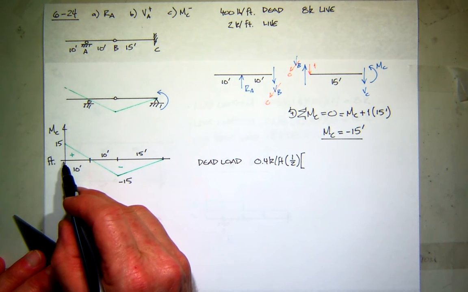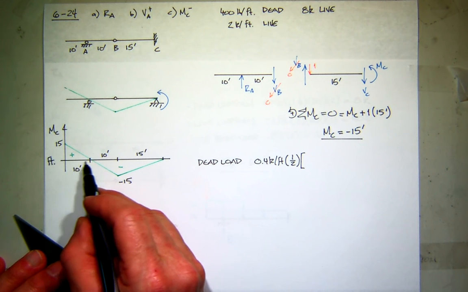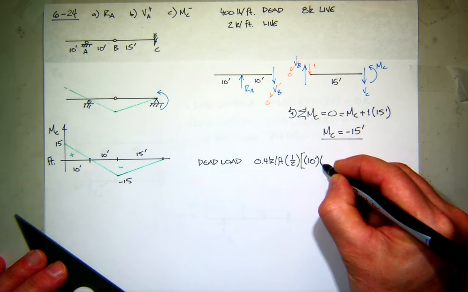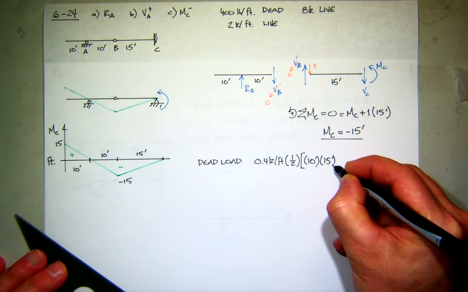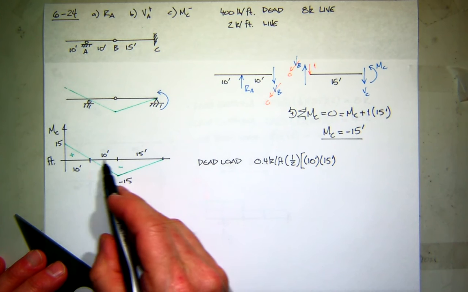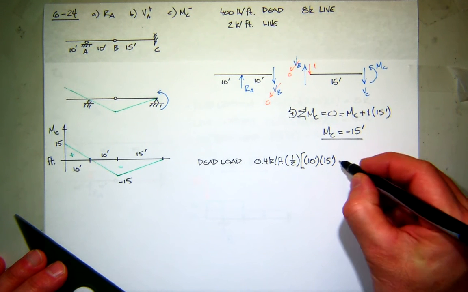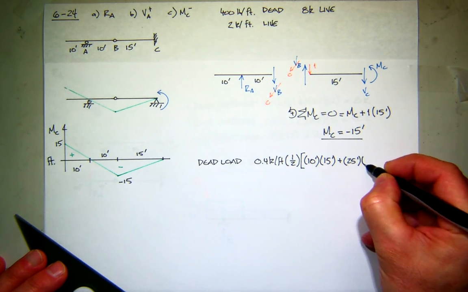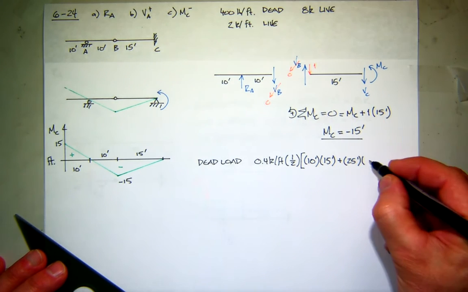So starting here, I've got a base on my positive triangle of 10 and a height of 15. On this triangle here, I have a base of 25 feet and a height of minus 15 feet.